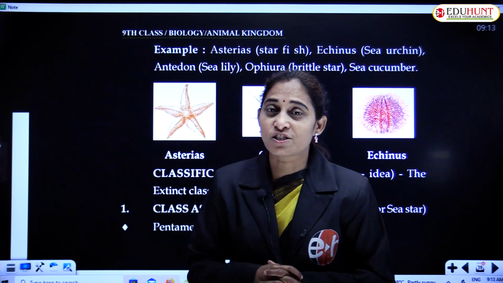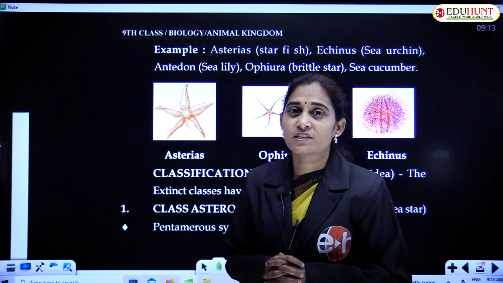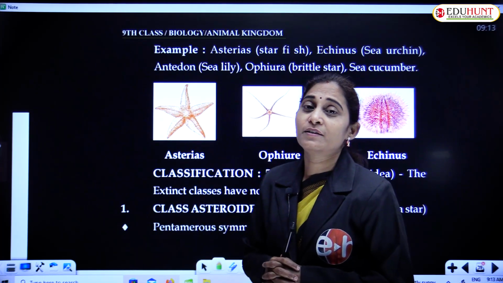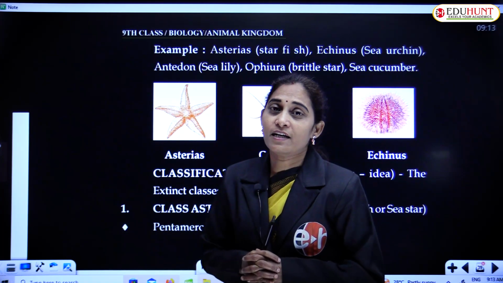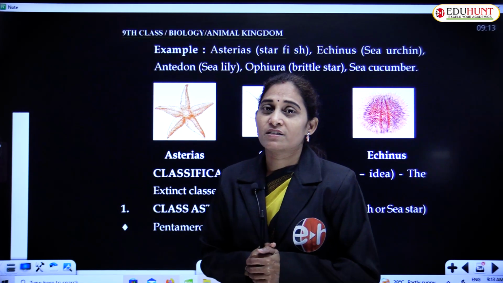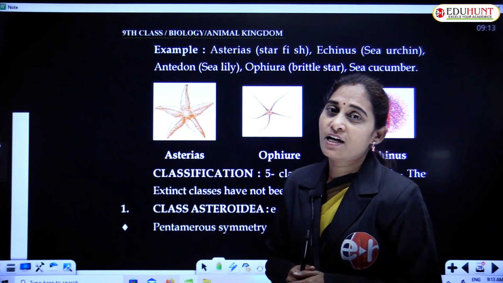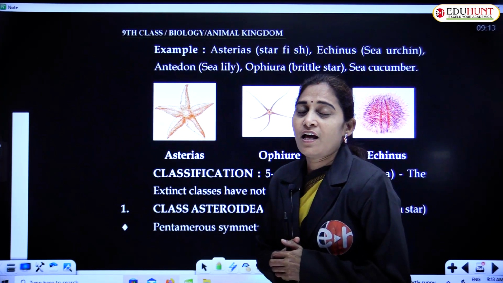Respiration occurs by gills, tube feet, and even respiratory tree, branchia. Excretory organs are absent. Some specific wandering amoebocytes help in excretion.